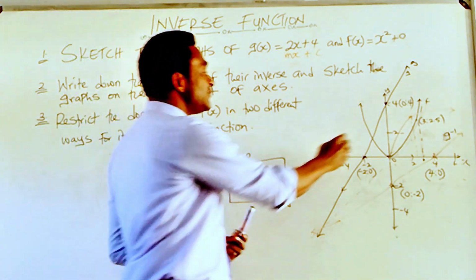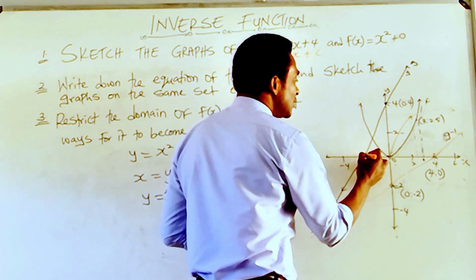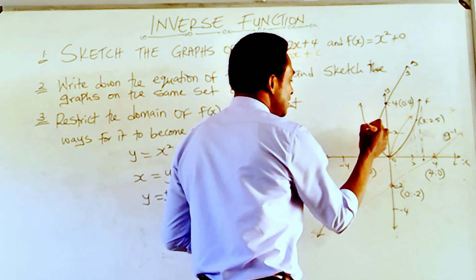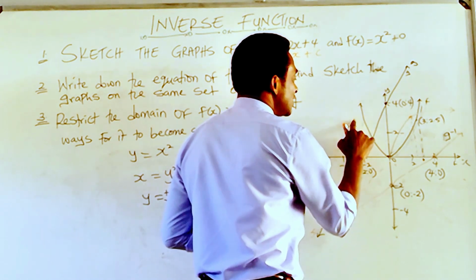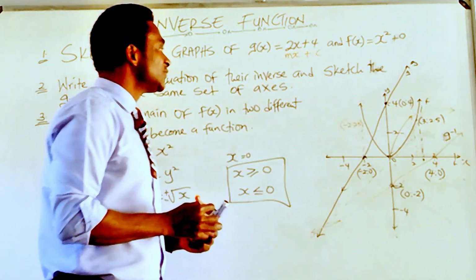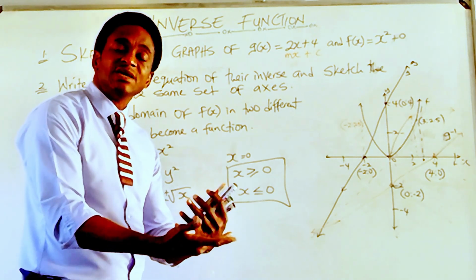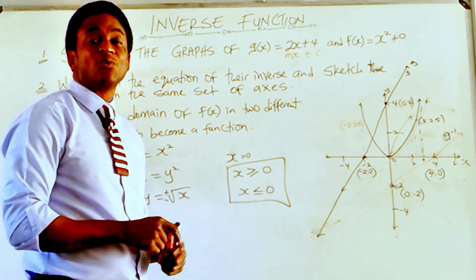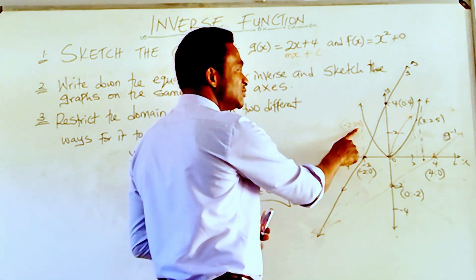Now, for the negative arm, let's also get another point here. Let's say we have (-2, 2.5) on this graph. So what do we do? We also take the inverse by swapping the x and y values. The x value here is -2, the y value is 2.5.